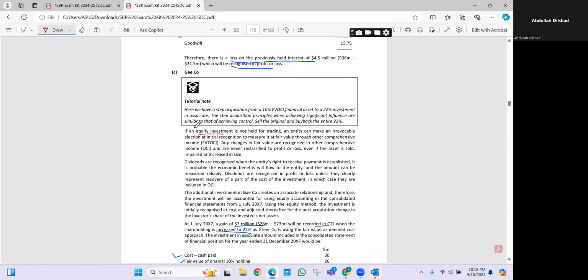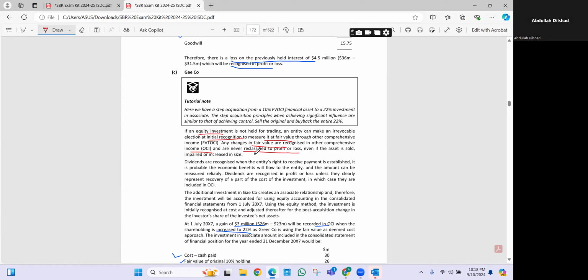Shares are an equity instrument, and it's not held for trading. There is an irrevocable election at initial recognition to measure it at fair value through OCI. Any changes in the fair value are recognized in OCI and never reclassified to PNL.